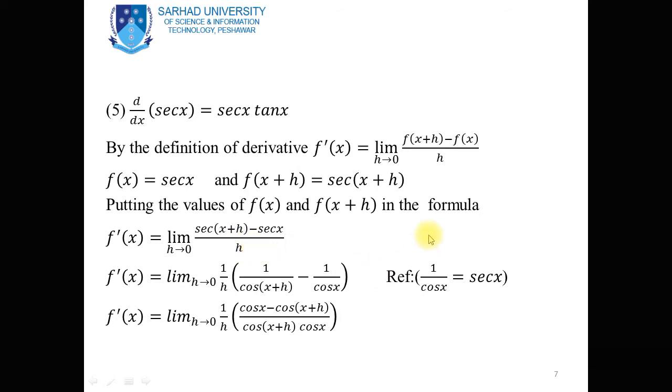Now 1 over cos is equal to secant, so secant x is equal to 1 over cos x. Now 1 over cos of x plus h minus 1 over cos x, divided by h, can be written as 1 over h times that difference. The derivative of the function is equal to the limit as h tends to 0 of 1 over h, into, taking the LCM and cross multiplying, cos x minus cos of x plus h, divided by cos of x plus h into cos x.